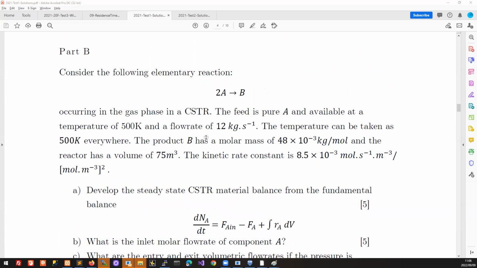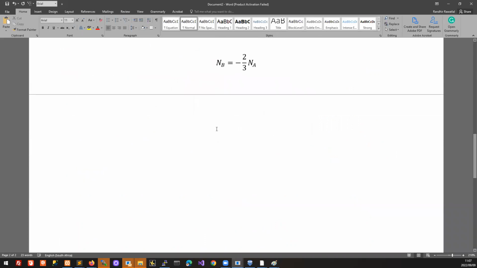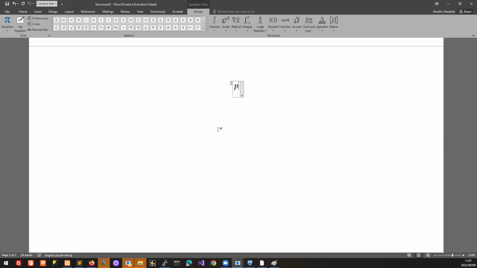To get the density, we recognize that if this is a gas, and if the pressure is low enough, then PV equals nRT applies. And then if we multiply both sides by the molar mass, let's see. Well, let's write it out as concentration. Concentration equals moles over volume, and moles over volume is P over RT.